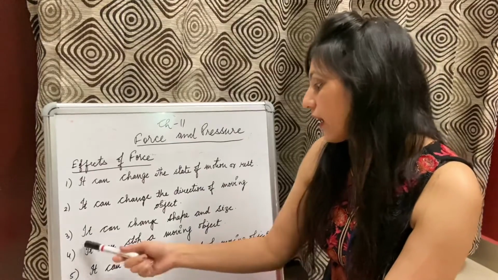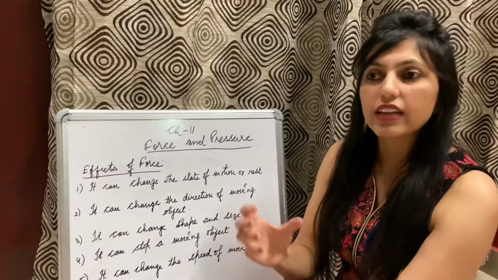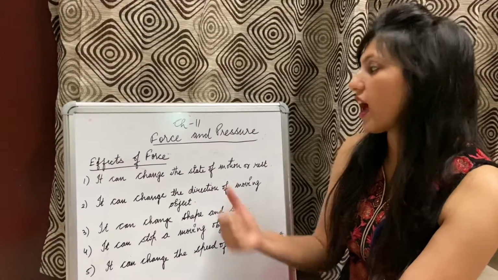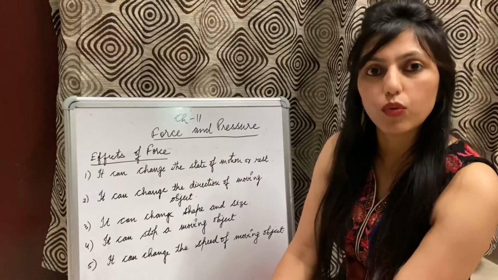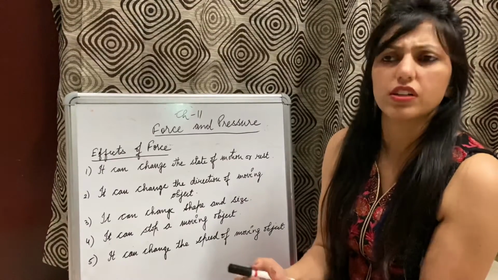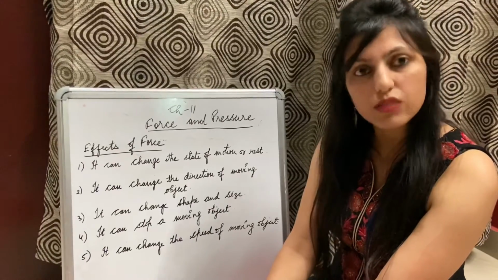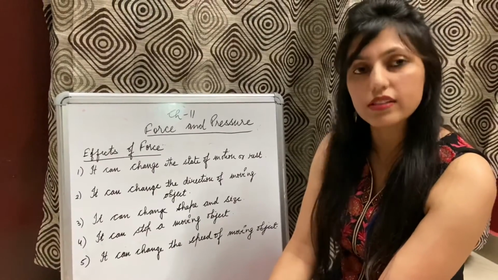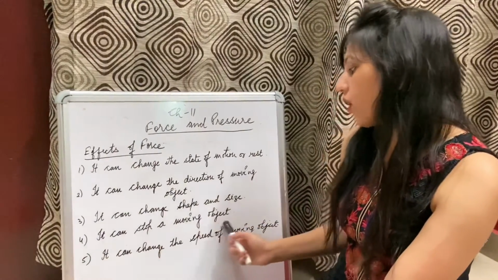Next is it can change the shape and the size. It means the size of the object can be changed with the help of force. We'll take the example of a balloon. When you inflate a balloon and you try to push it, you can change the shape, isn't it? And the size can also be decreased when you press that balloon. Next is it can stop a moving object.